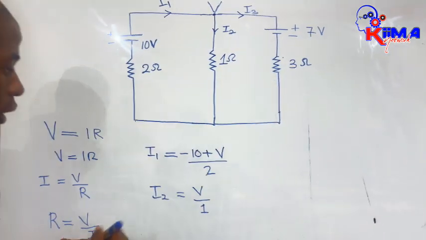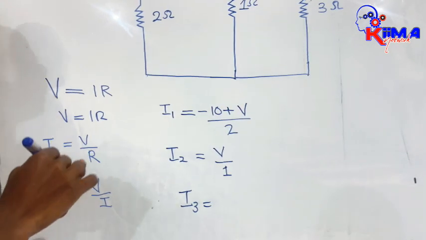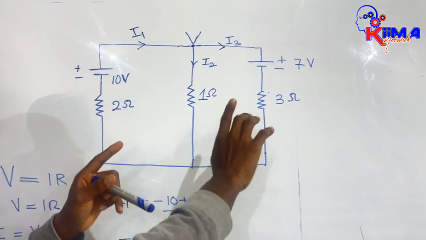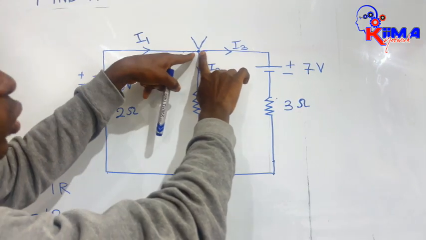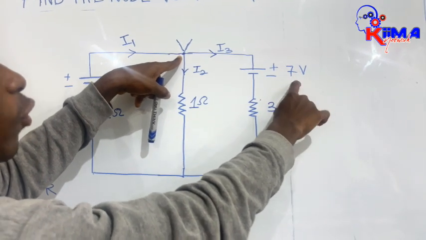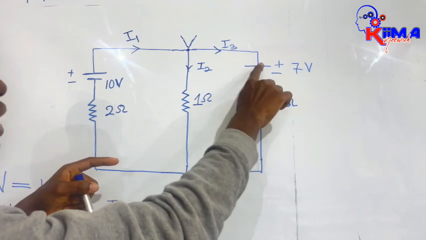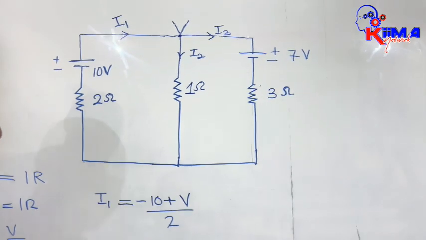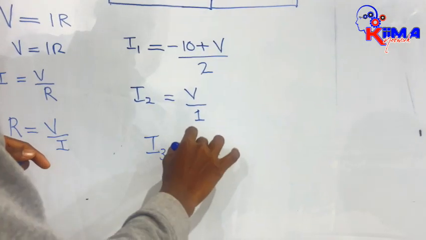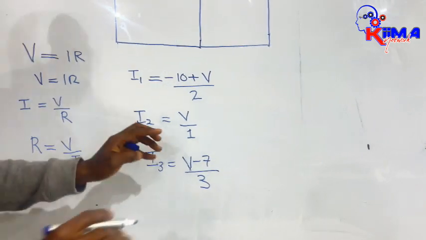Then I3 is coming this way. So we take this voltage minus this voltage, because the terminal here is from positive to negative. So we have V minus 7, all divided by 3 with respect to that resistor value.